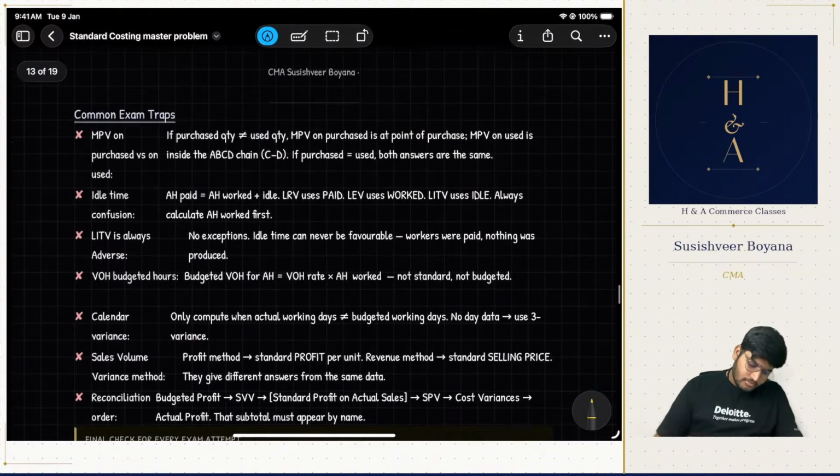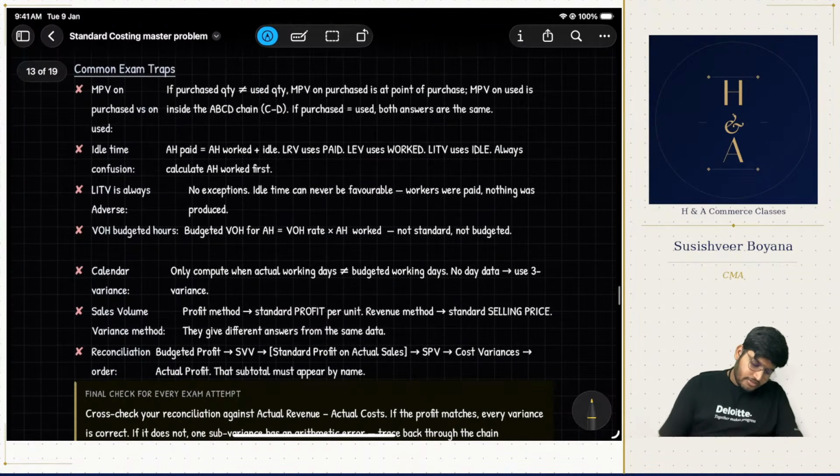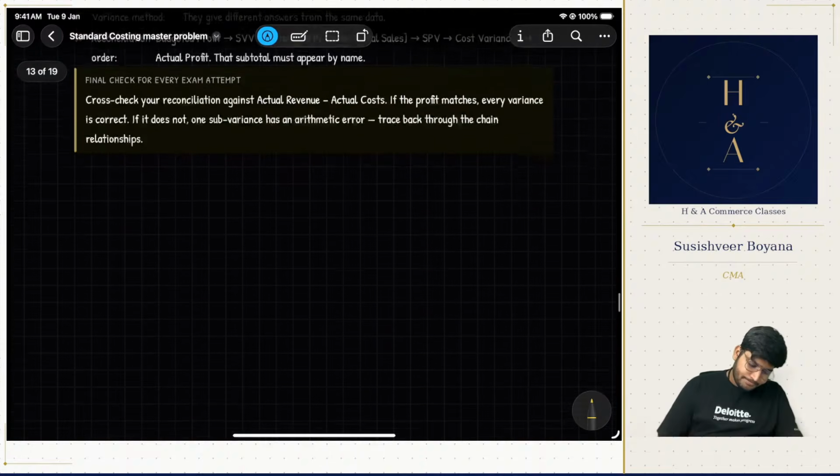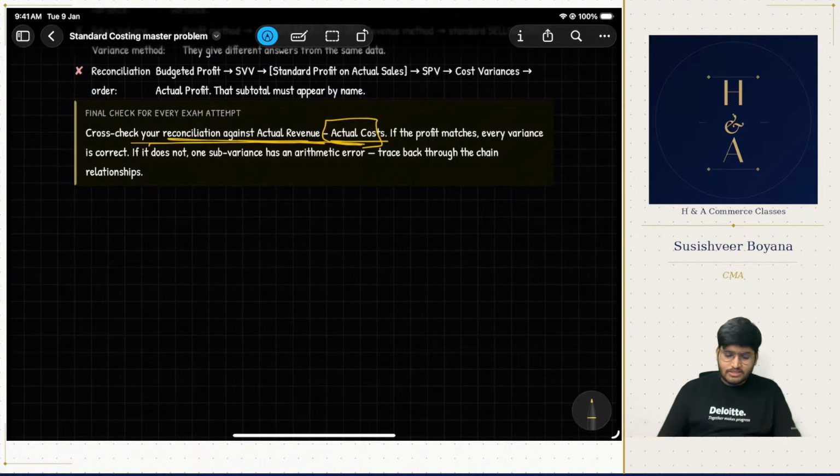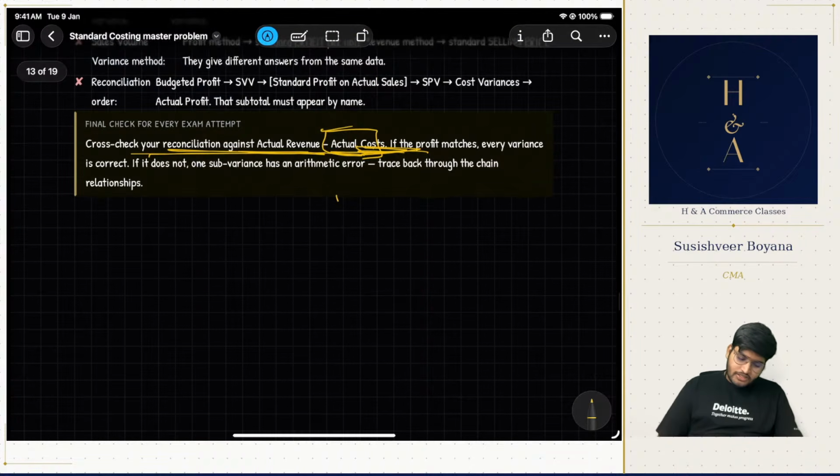Let's see. These points you guys can go through. Cross check your reconciliation against actual revenue. Please do it, if actual costs are all given, including sales and sales price. Ideally, if sales price and sales variances are not asked, that is the only case when you probably cannot do this. If it doesn't match, one of your subvariances has an arithmetical error.